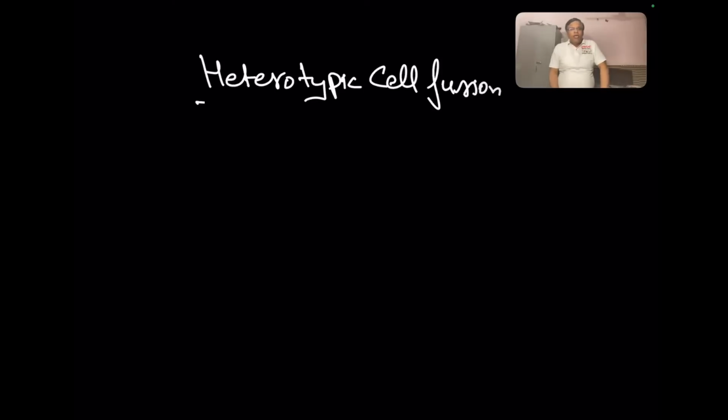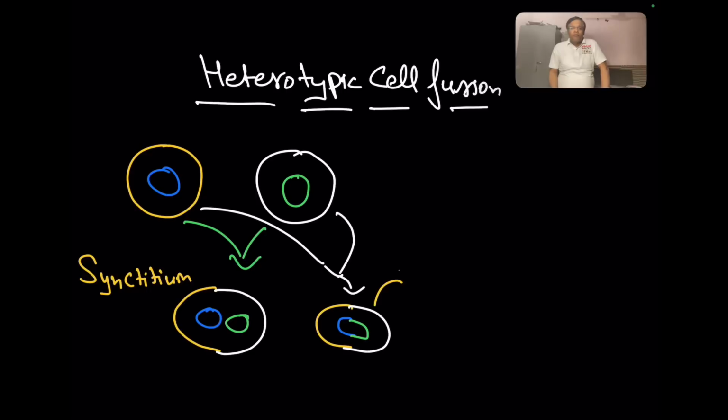Same way in the case of heterotypic cell fusion, two different types of cells are going to fuse, and here you are also going to see the formation of syncytium and synkaryon. In the case of syncytium, the two different kinds of cells fuse, but there is no fusion of nuclei.